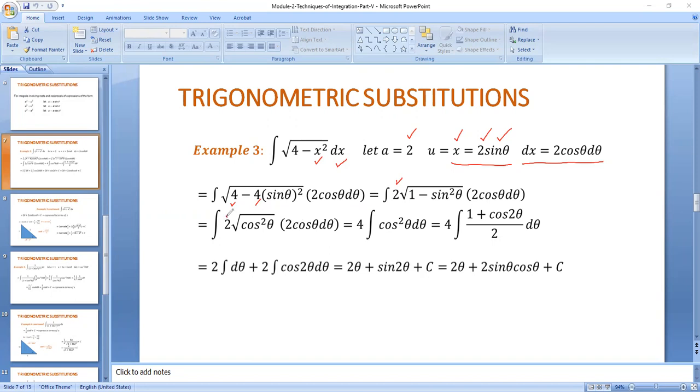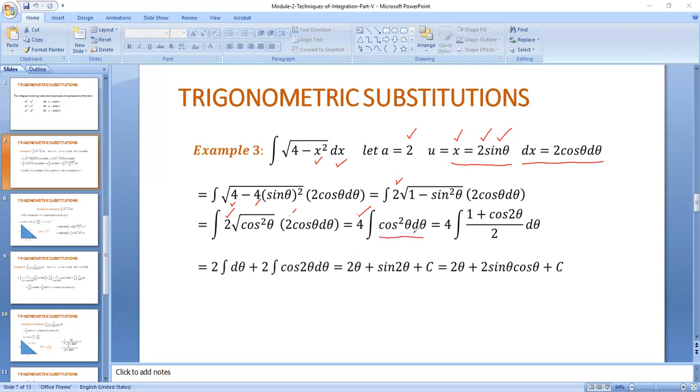Now these 2 and these 2, if we multiply, that would be 4, and it's a constant, so it's written before your integral. The square root of cosine squared of theta is cosine theta. Multiplied to this cosine theta would be cosine squared theta d theta. Now this falls under trigonometric transformation.